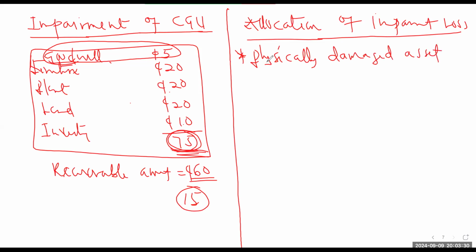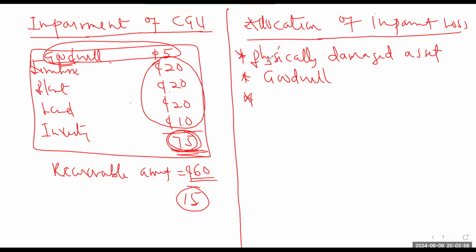If there's no physically damaged asset, or the impairment loss cannot be written fully against the physically damaged asset, then goodwill will take the next one. After the goodwill has taken, if we still have some portion of the impairment loss, then you now share among the possible impaired assets.